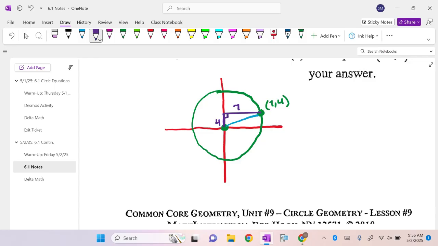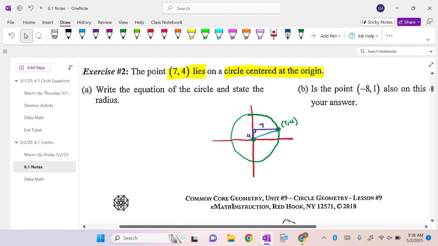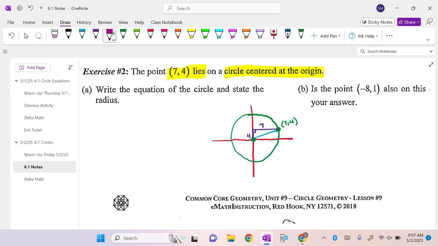So then what can I do to find the radius? What very special theorem can we use to find any missing side of a right triangle given two sides? Talked about it yesterday. The Pythagorean theorem. All right.